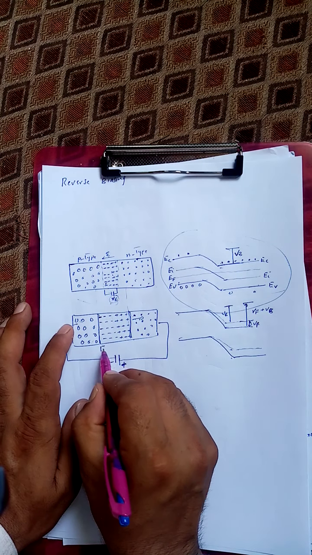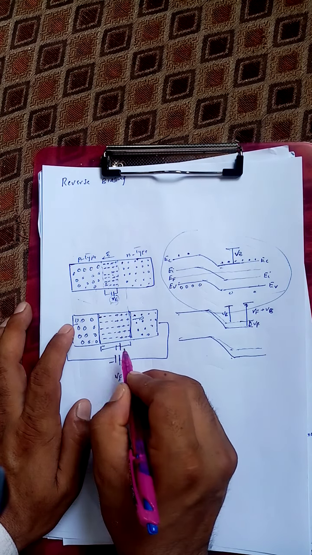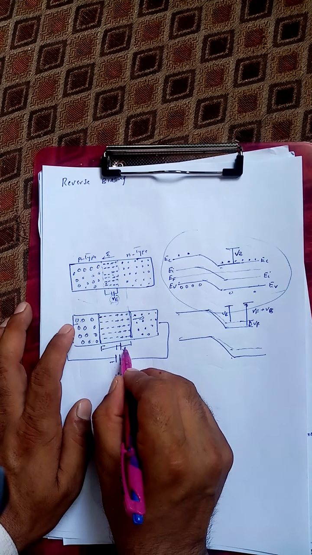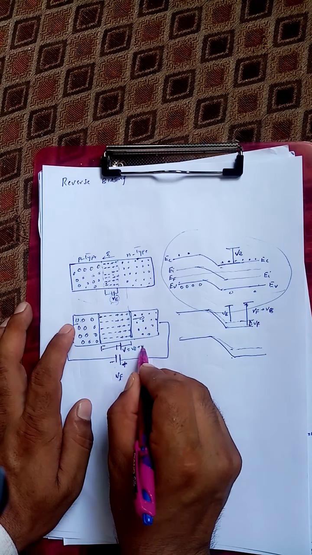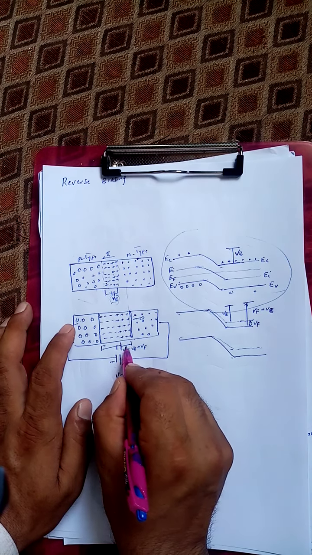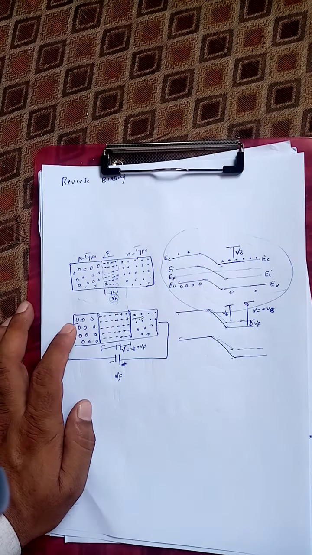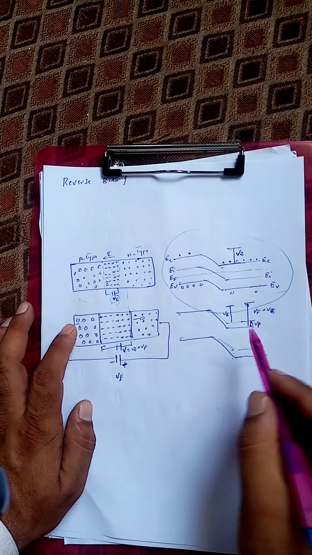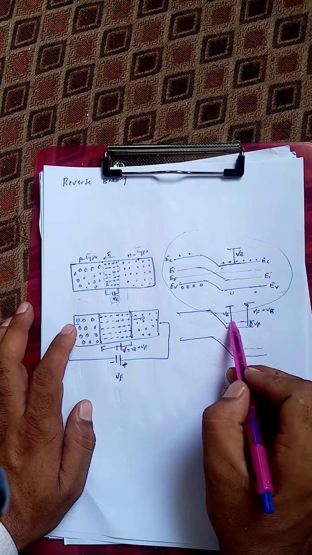What does it mean? It means that this barrier potential V, which is VB plus VF, is now bigger than this one. So the initial band structure is this, and its barrier potential is this.